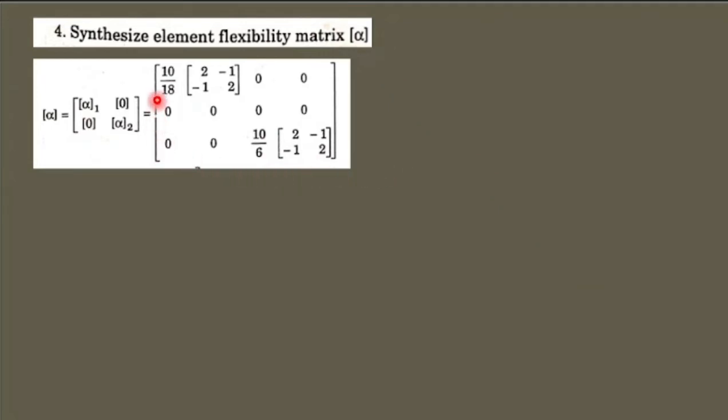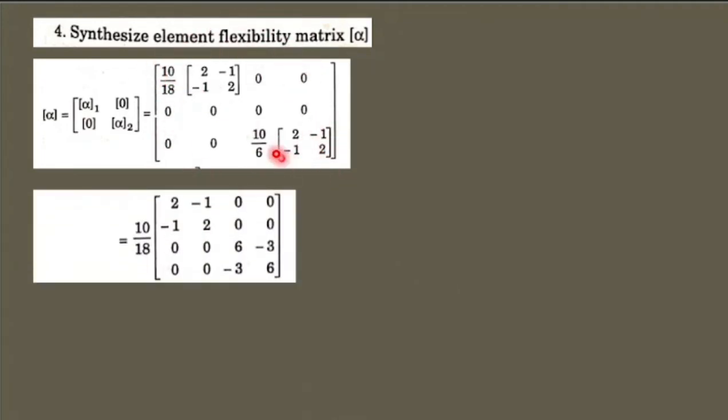And if you take down the common values, you have to make this a single matrix form. How to do that? You can take 10 by 18 as common. If you are taking this as common, what should you multiply here? Into 3.